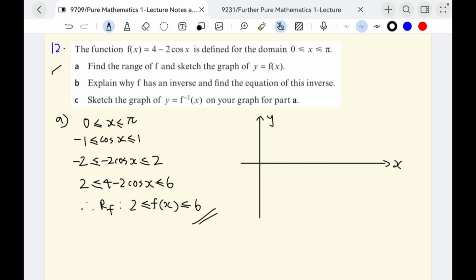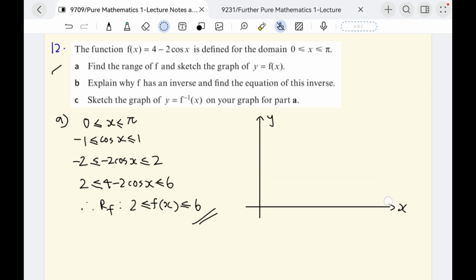And then what is the -2 cos x? Of course, the negative refers to reflection and 2 refers to the stretch in one direction with the factor of 2. And then it moves up by 4 through translation. So which means that the fx is always positive right now.